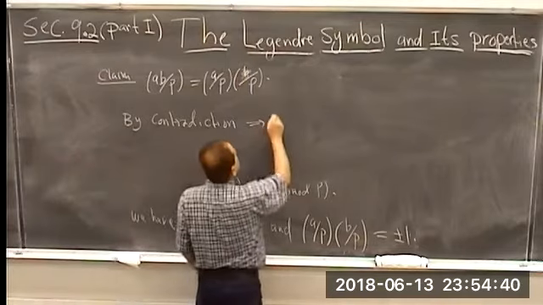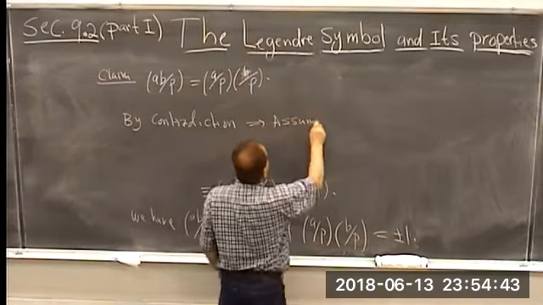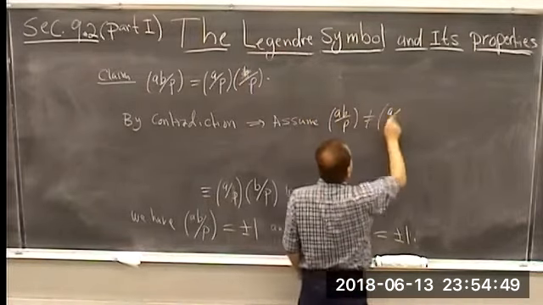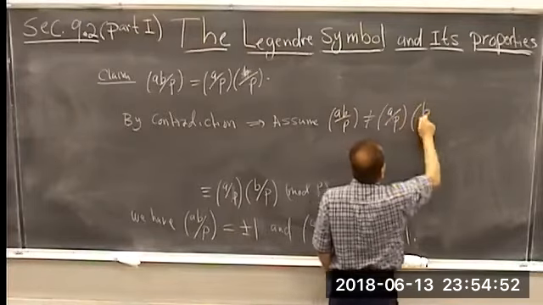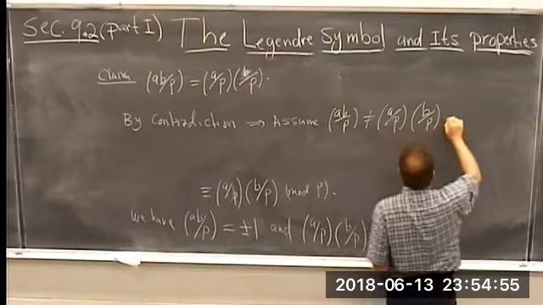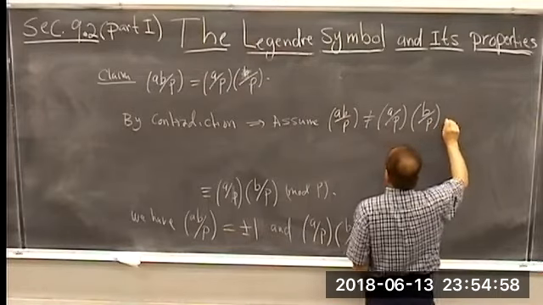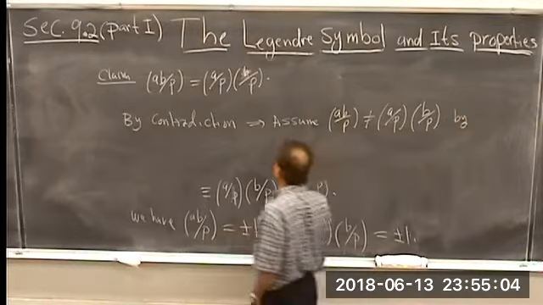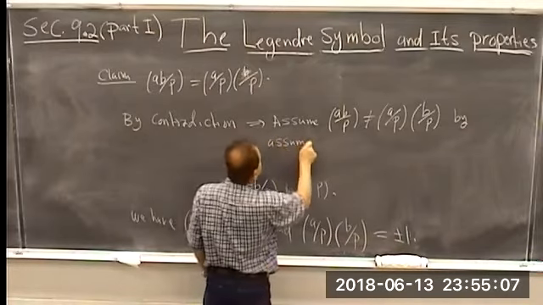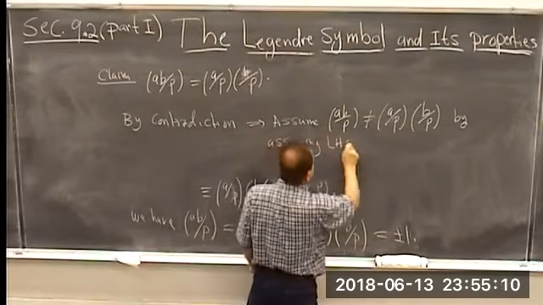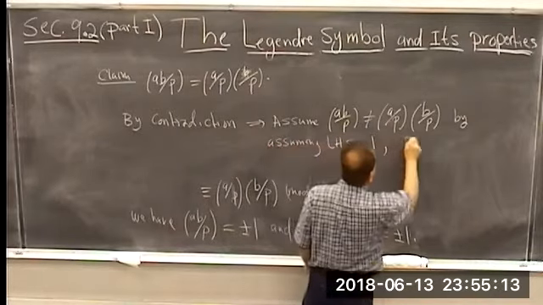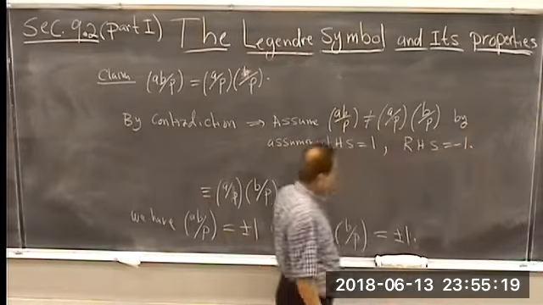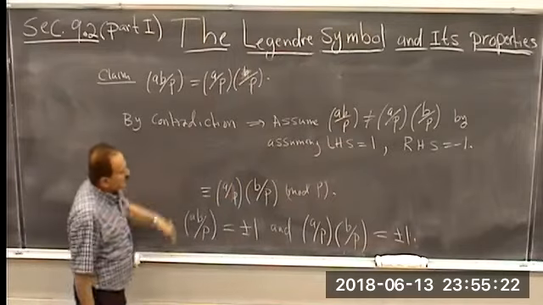So we may assume that they are not equal, say the left-hand side is equal to 1 and the right-hand side is equal to negative 1.